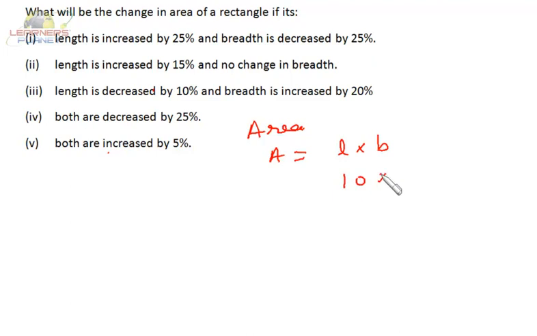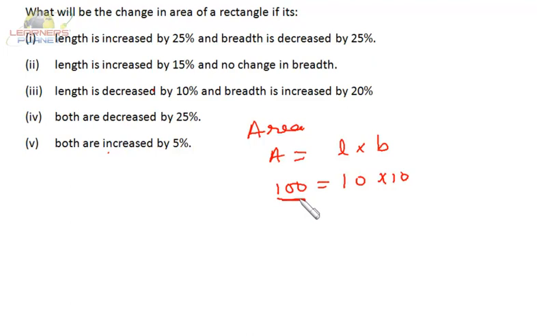So the length is 10 and breadth is 10, then the area will be 100. Now if there is any change in length and breadth, we'll be getting the change in area immediately as the base is 100 only. So we'll be directly getting the percentage change.